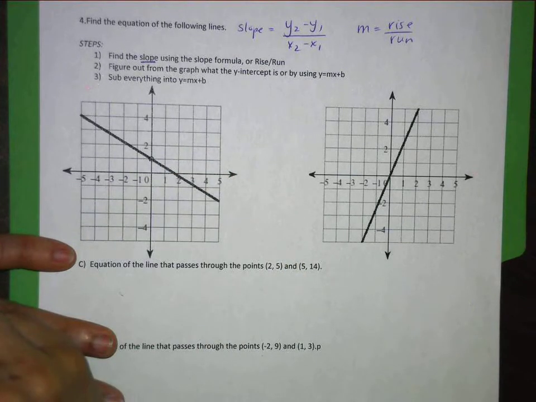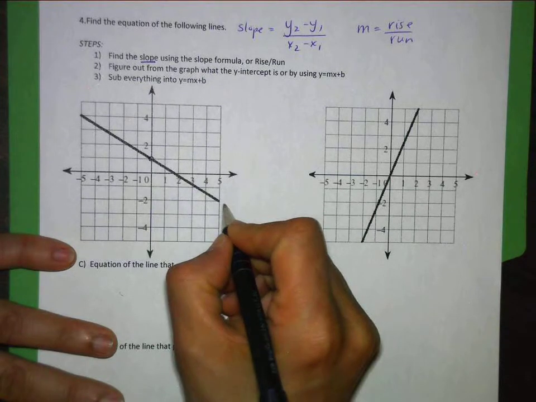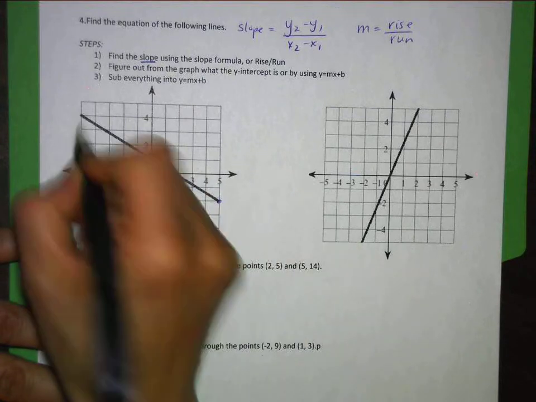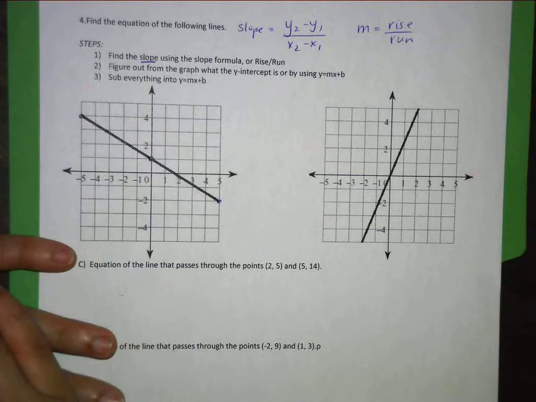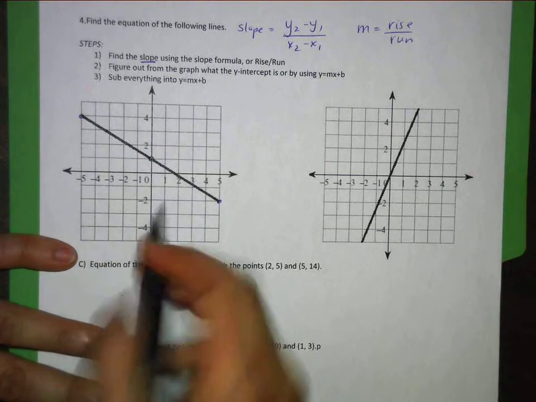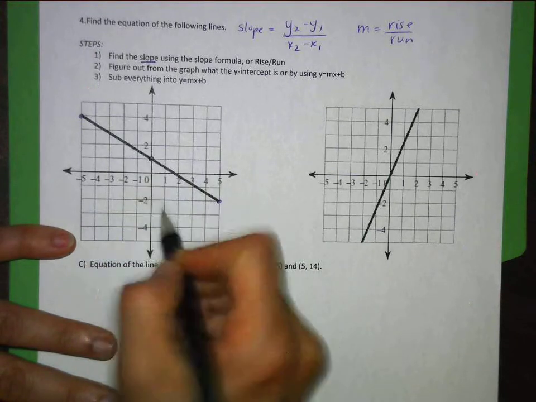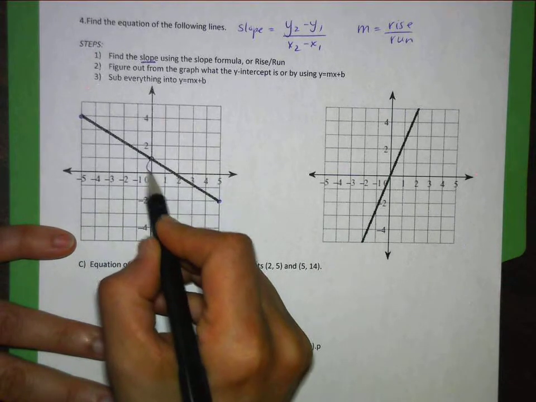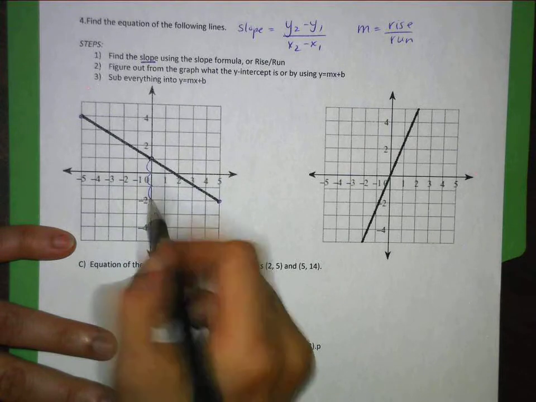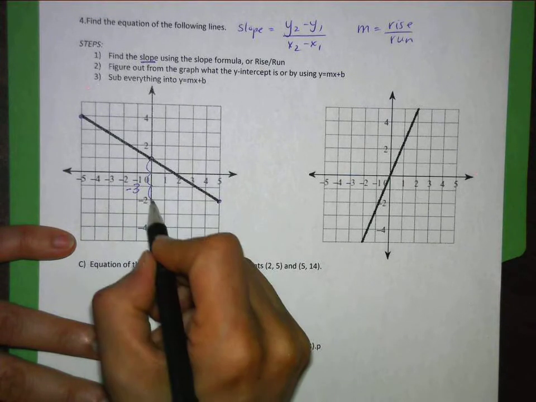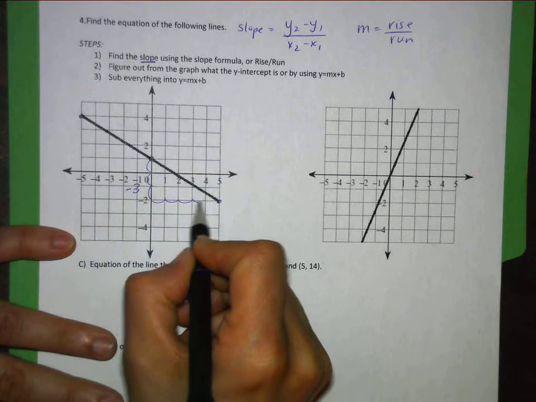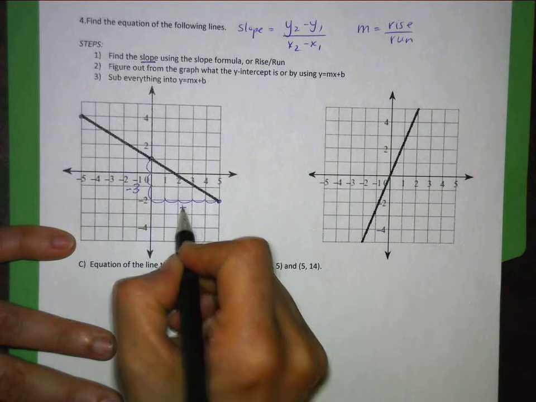There's a point, and it looks like right here is a point, or right here is a point. You can choose any 2 of those points. I'm going to go from one to the other. So here are 1, 2, 3 down, so that's -3, and then 1, 2, 3, 4, 5 to the right.